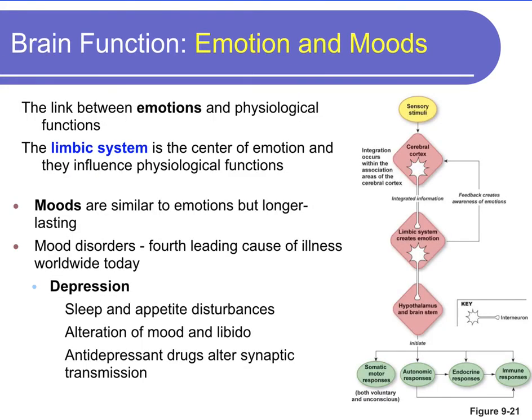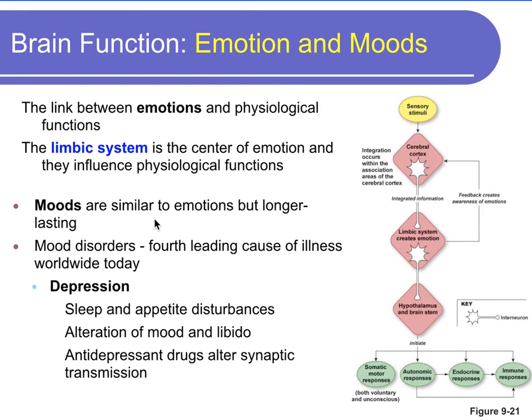All right, so I mentioned briefly earlier that our emotions can have physiological manifestations because the limbic system and our hypothalamus are linked to one another. And moods are similar to emotions, but they last longer, and we can have mood disorders. The fourth leading cause of illness worldwide is depression.